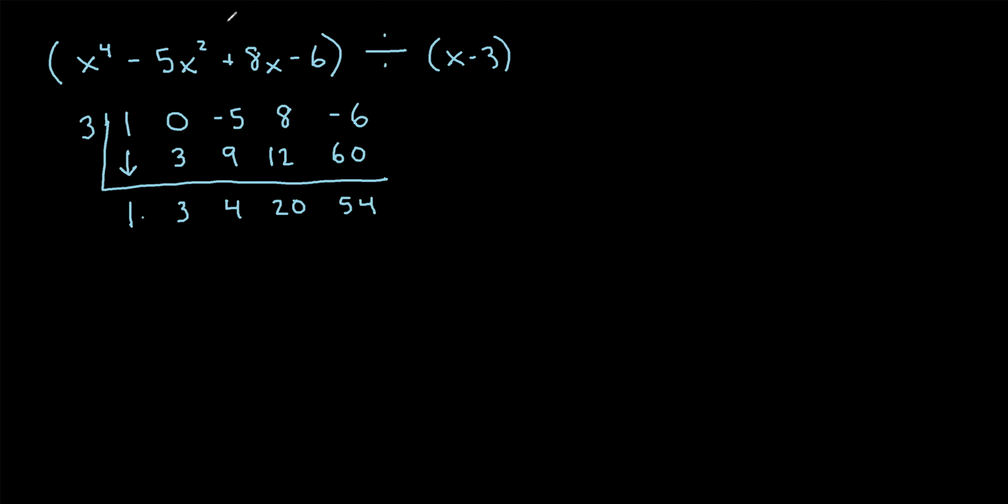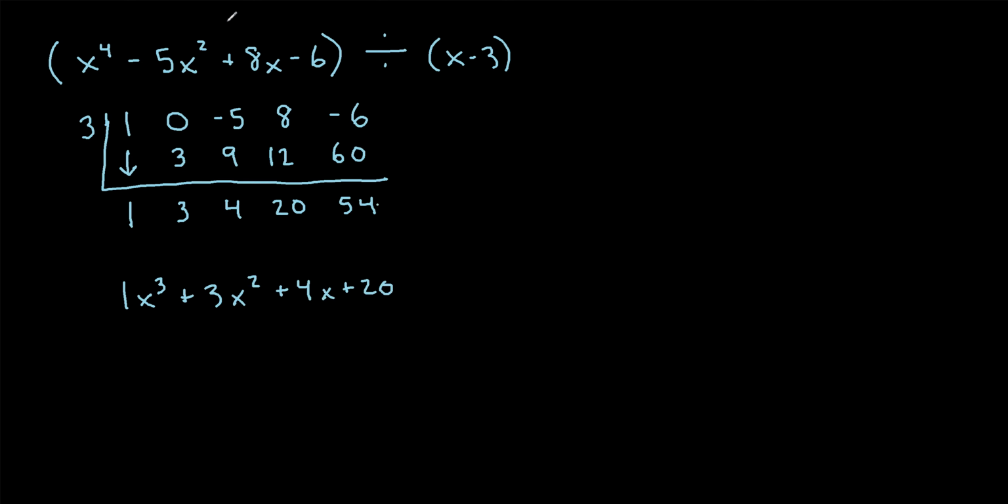Okay, so our final answer will be 1x, and remember, when we had an x to the 4th right here in the numerator, we write 1 less than this exponent. So instead of x to the 4th, we have x to the 3rd. And then we've got plus 3x squared plus 4x plus 20.